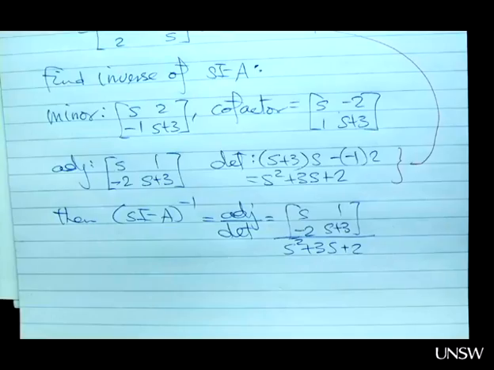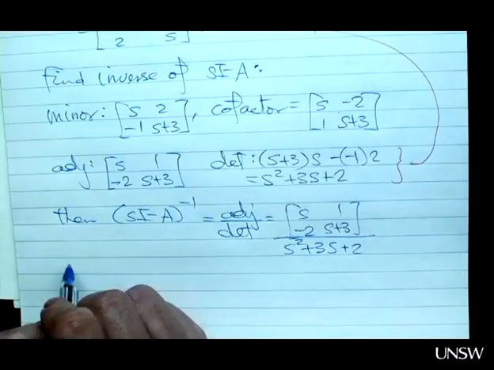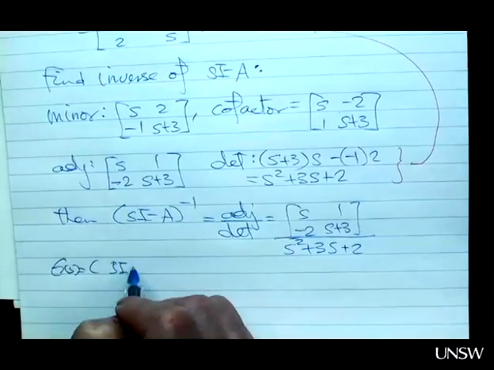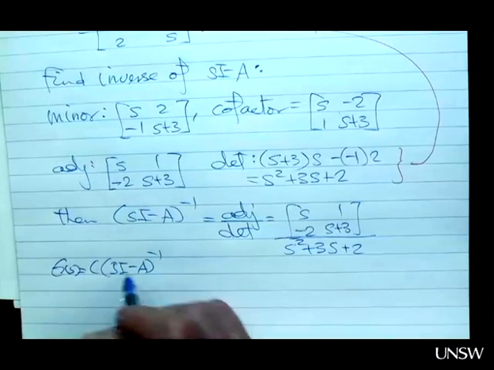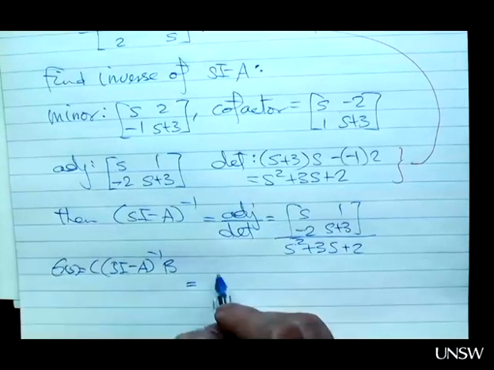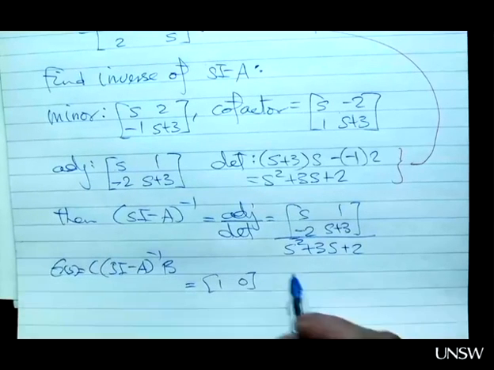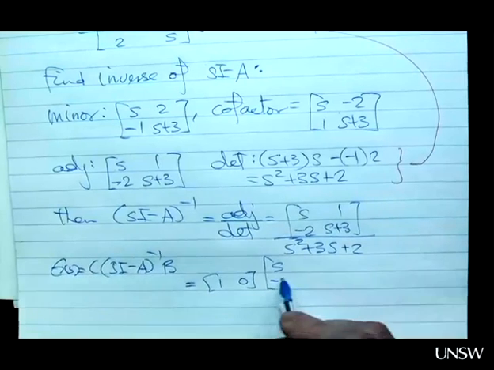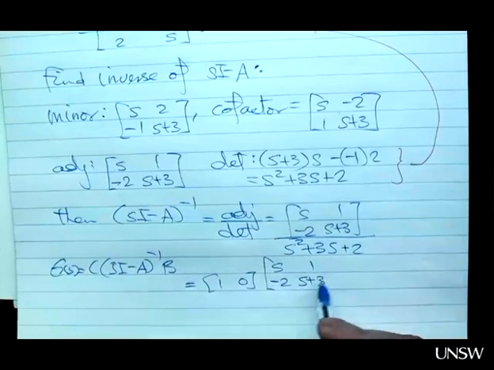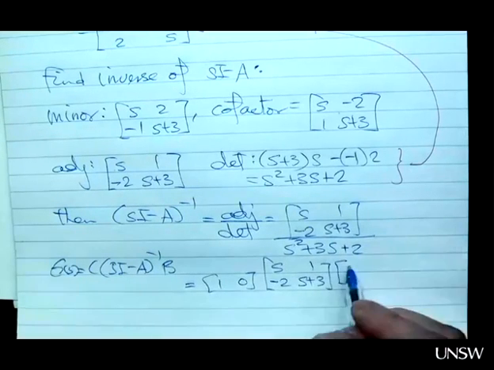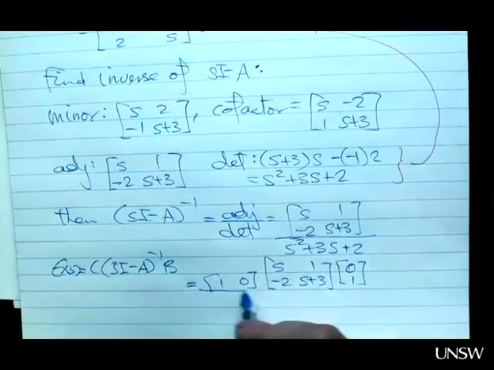Then we calculate G(s) equals C times (sI minus A) inverse, and then B. So it is equal to 1, 0, and then the inverse, and then our B matrix, and then divide by the determinant.